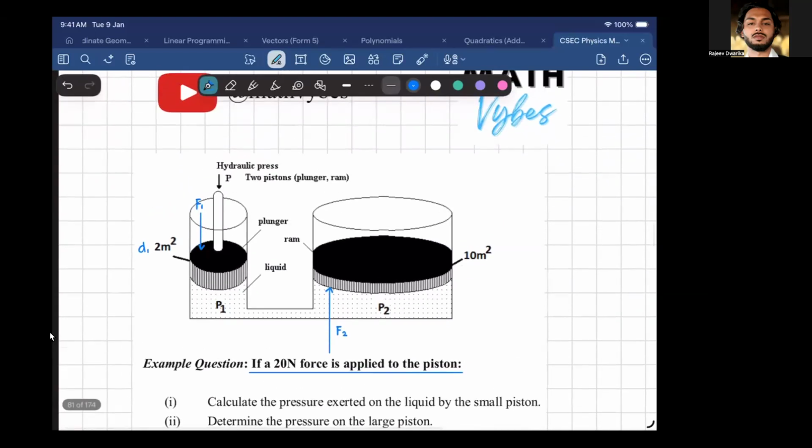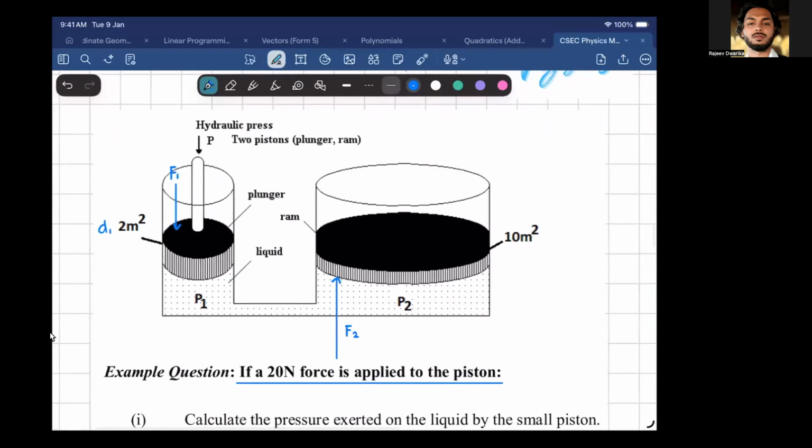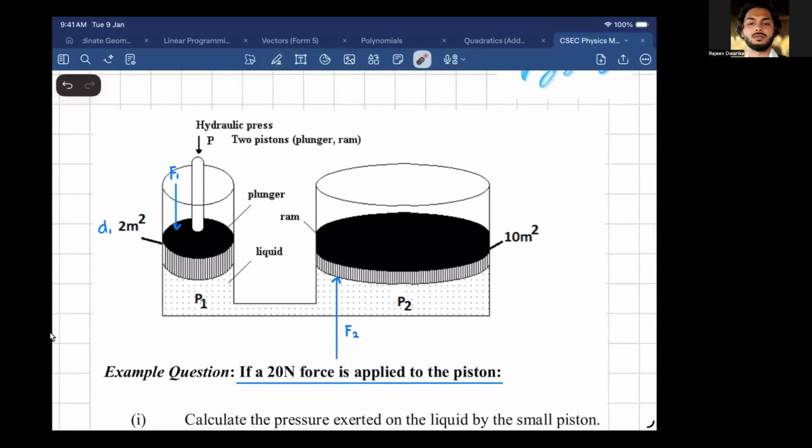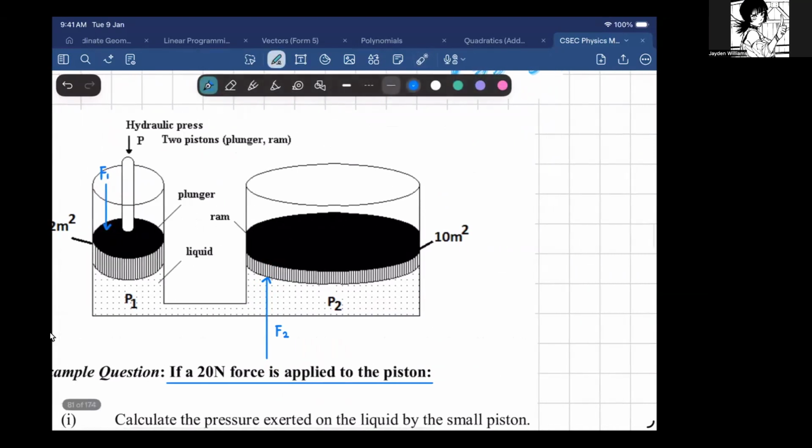Notice the line is longer. Jaden, I'm doing that to show that this force needs to be less than this force. Remember, the force at the output is going to be more, so you want to draw the line longer than this line. Understand?